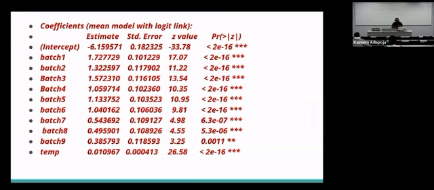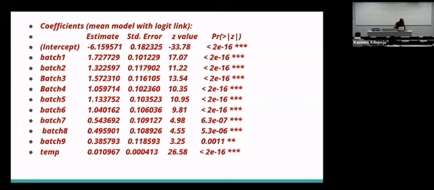The number of batches that was used, they used 10 batches. That was why R is reporting 9. Does that make sense? Don't forget the degrees of freedom when you have a categorical variable with k levels. What R is going to report is k minus 1, with one nested in the intercept.